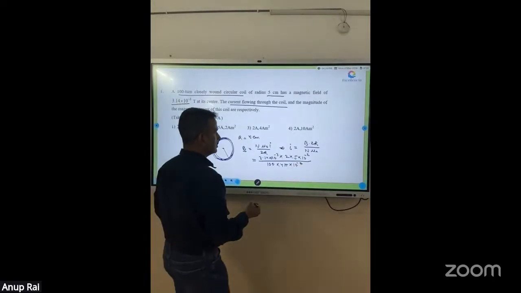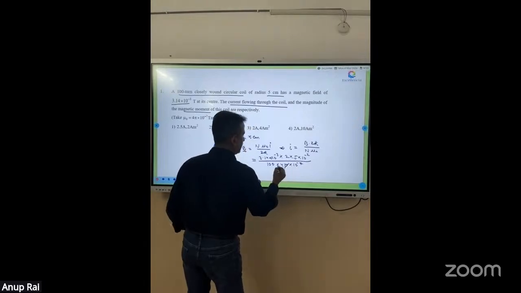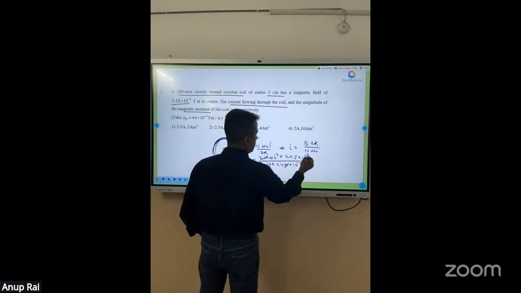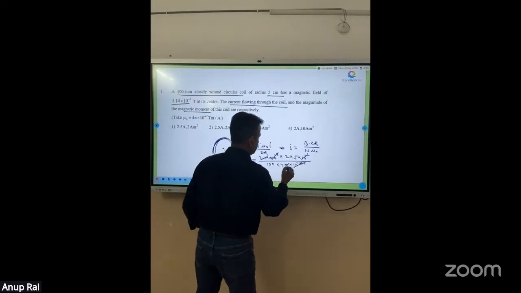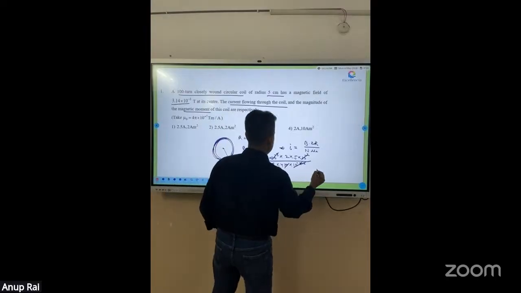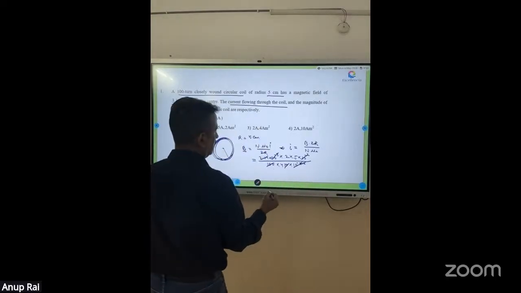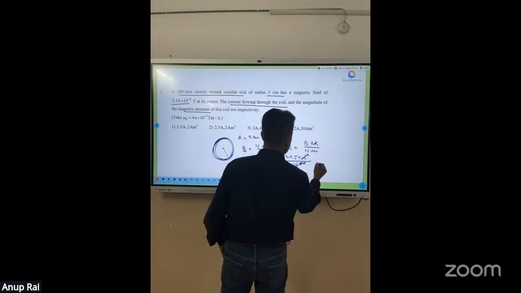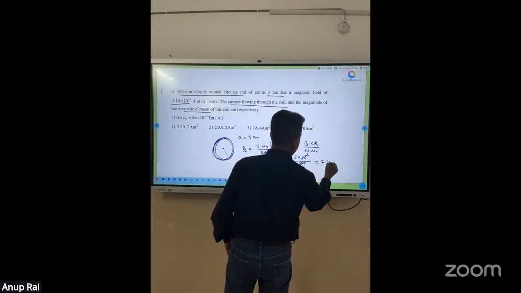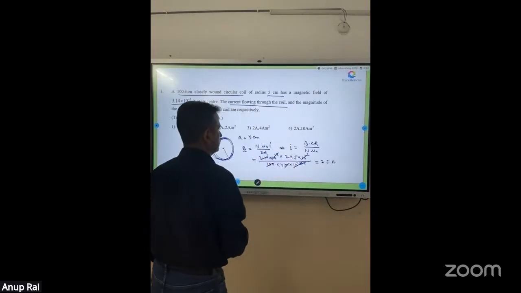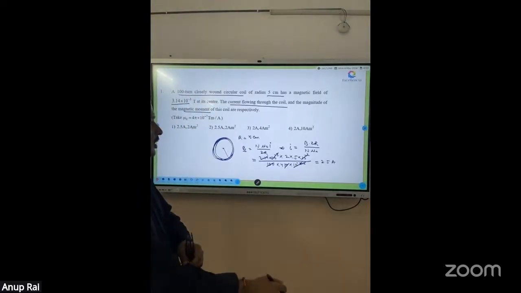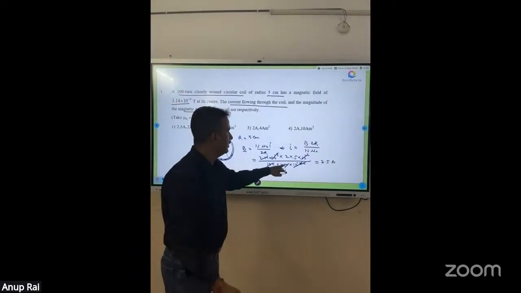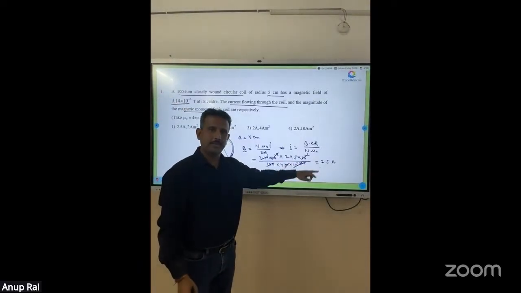If you solve this, 5 will get cancelled, and 10 power minus 5. After solving this, you are going to get 2.5 into... Okay. So that is the answer for this question. Here 10 divided by 4 will become 2.5 ampere.